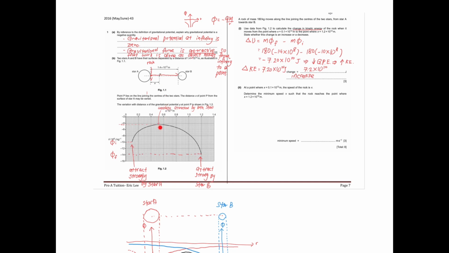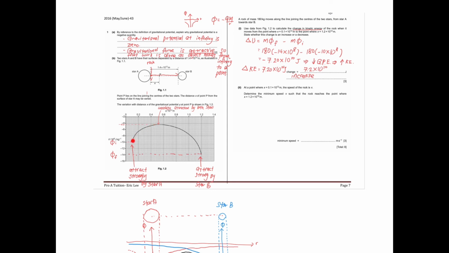So why is this point to be discussed here, or why do we need to care about this point? So imagine the rock needs a particular speed to overcome the attraction by star A. And because of that speed, the rock can keep moving, and we just want the rock to reach this point.